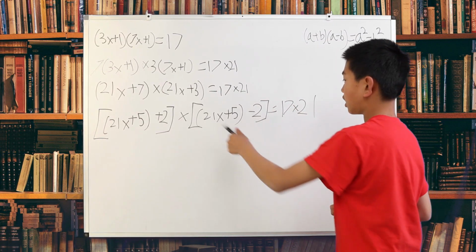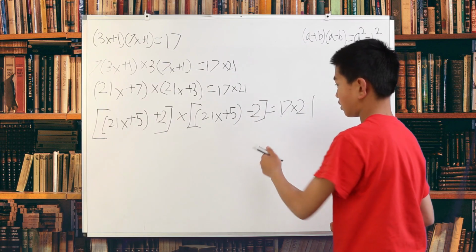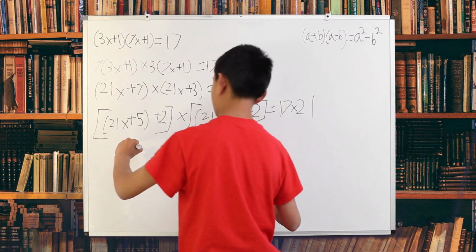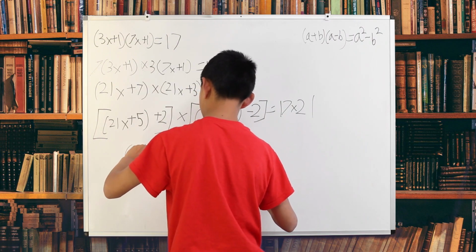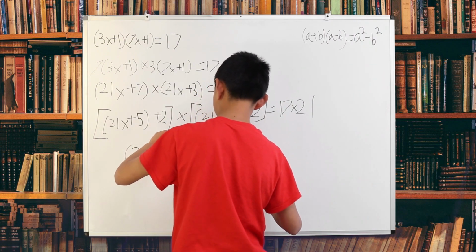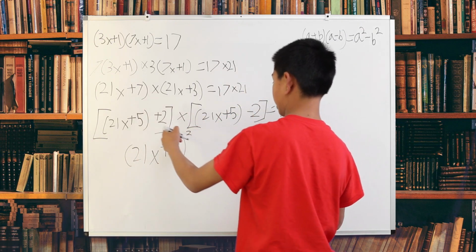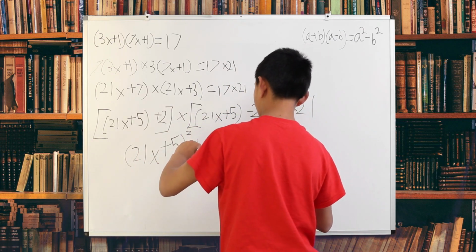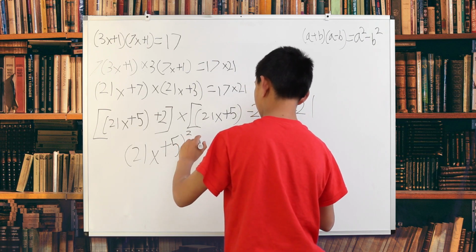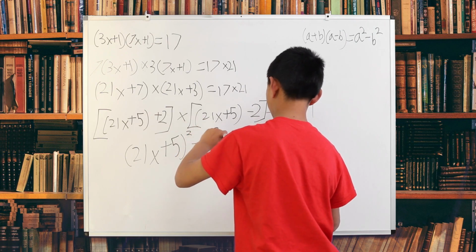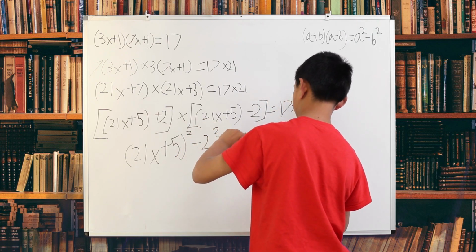Alright, so now we can factor this out, I guess. There's 2 of these, which means it's (21x + 5) squared, and negative 2 times positive 2 is equal to negative 2 squared, is equal to 17 times 21.